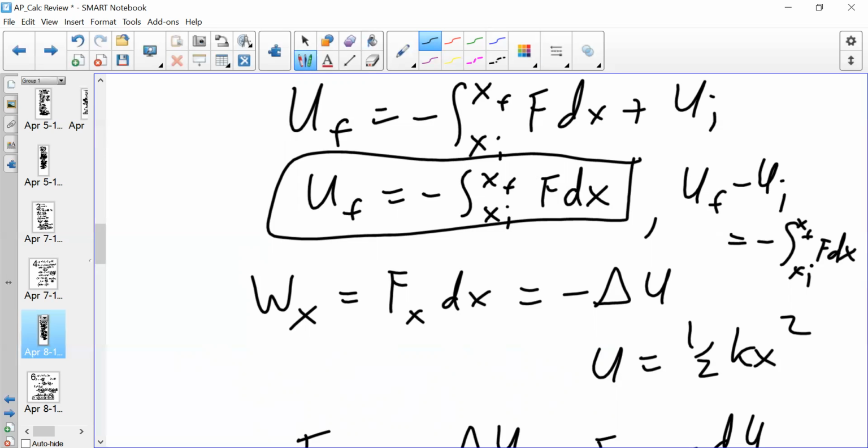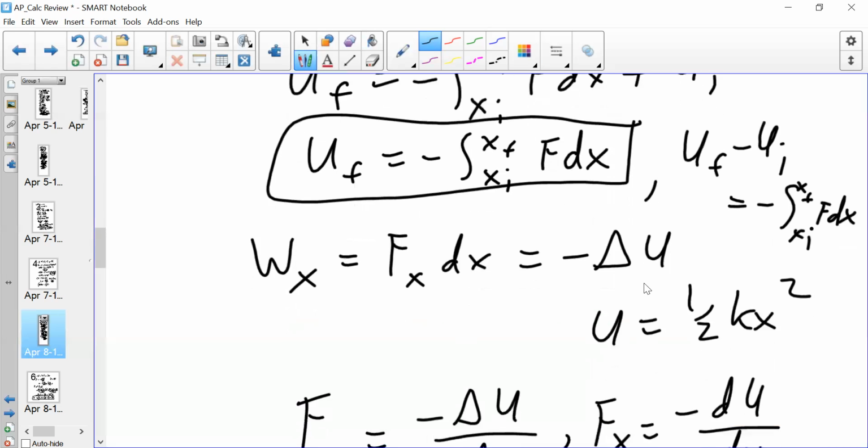So, all right, back to the basic definition of work. If we are falling, Fx dx, or if this is horizontal, actually, if it's the mass on a spring and it's moving back and forth horizontally, we'll do Fx dx equals negative change in potential energy. Obviously, if it's falling, this will be Fy dy, and same thing.